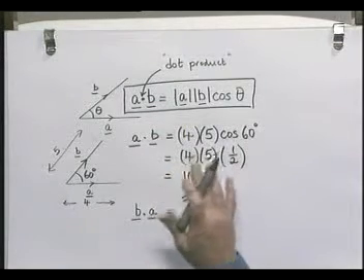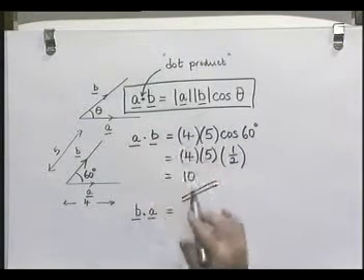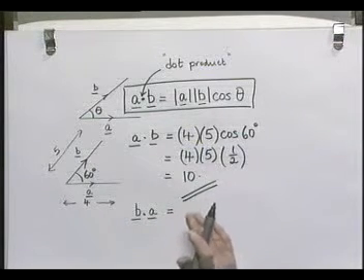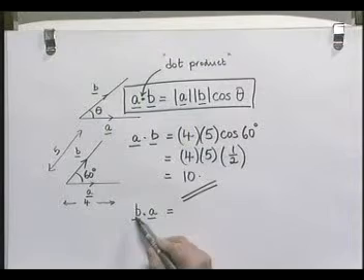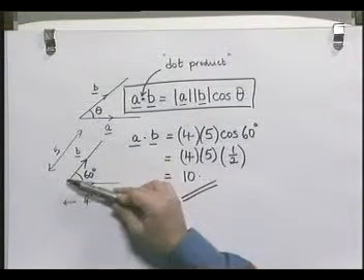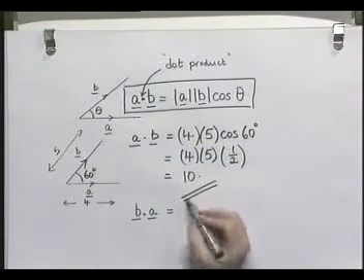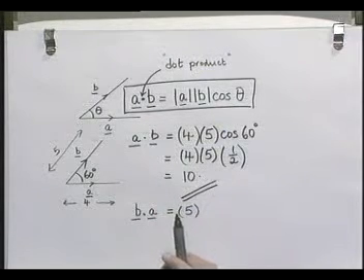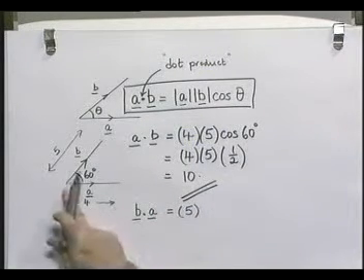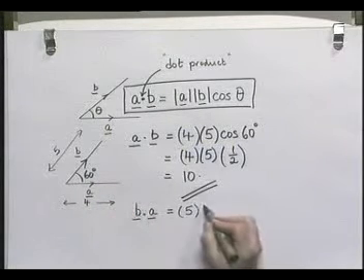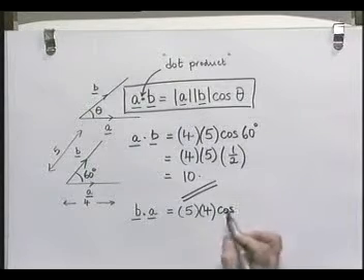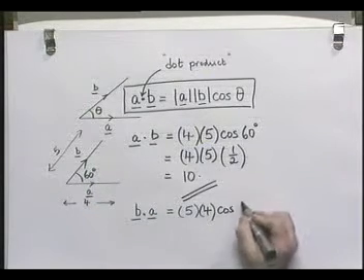Well, again, using the definition, we want to say that the dot product of B and A is the modulus or length of the first vector, which is the modulus or the length of B this time, and the modulus of B is 5, multiplied by the modulus or the length of the second vector, which is now 4, multiplied by the cosine of the angle between the two, and the angle is still 60 degrees.